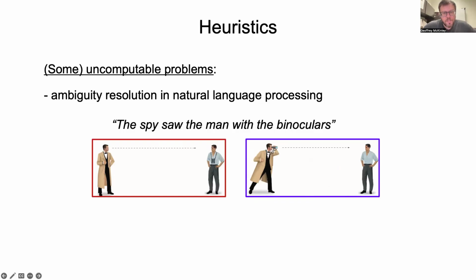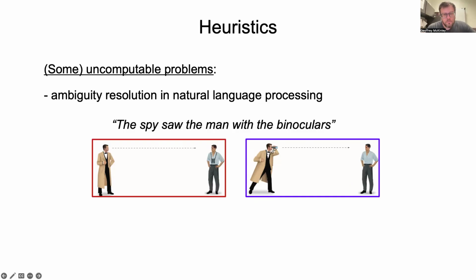And there's two reasons for this. One of them is that you're using semantics, right? You're using semantics to resolve the ambiguity. Binoculars are tools of spies, and so therefore it's likely that the spy has the binoculars. So you would likely pick this right interpretation simply because it's more plausible.